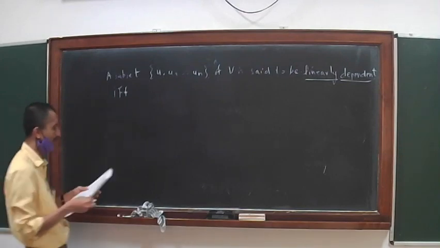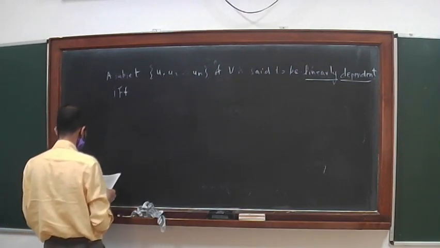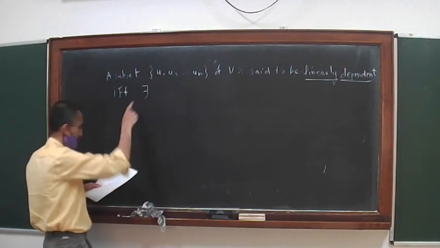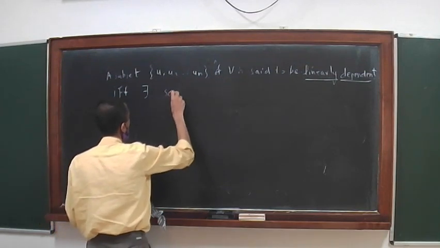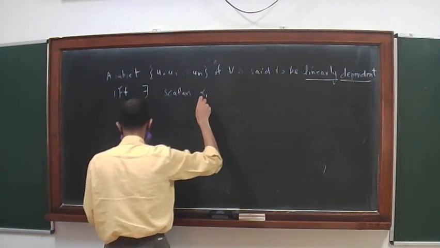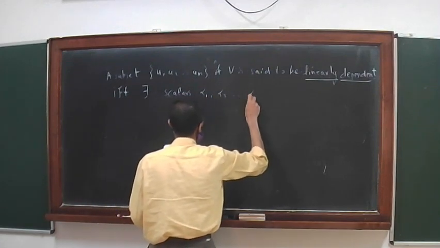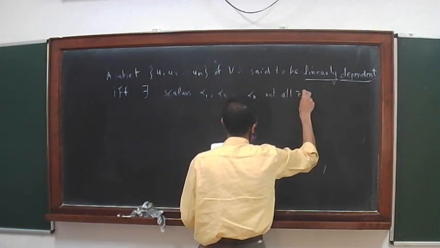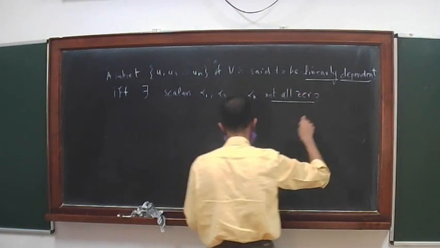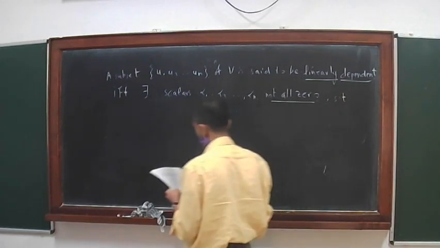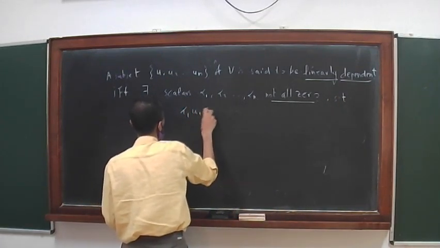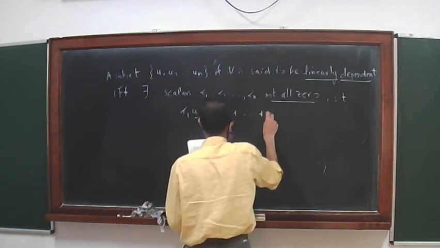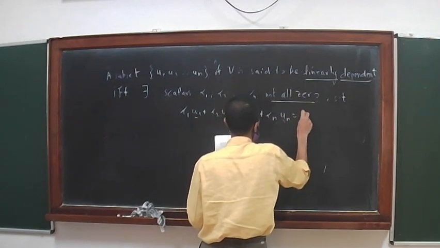If and only if there exists, again, this symbol means there exists, scalars alpha 1, alpha 2, and so on up to alpha n, not all 0, such that alpha 1 u1 plus alpha 2 u2 plus and so on plus alpha n un is equal to 0.